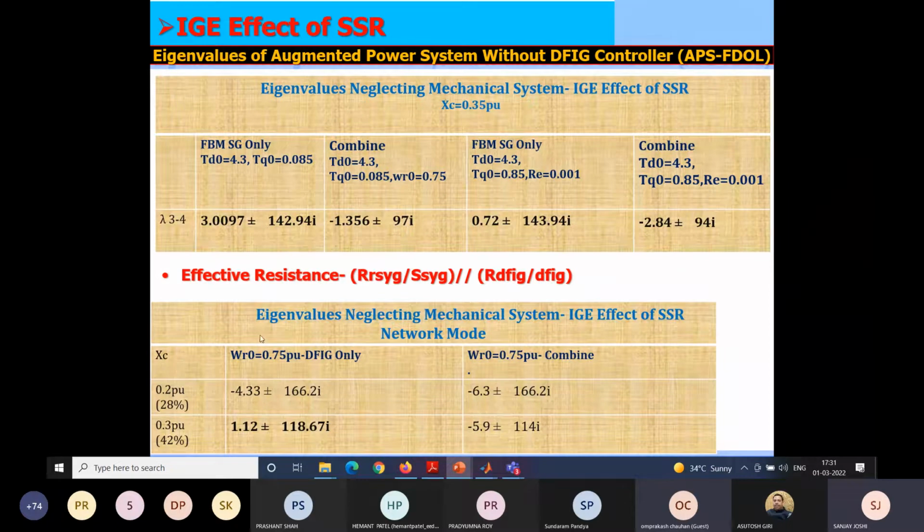Here also, these were the eigenvalues in which with 42% of compensation, the eigenvalue of the network mode has positive real part, meaning unstable mode. But with the inclusion of DFIG, that mode has become stable again and the system is stable.